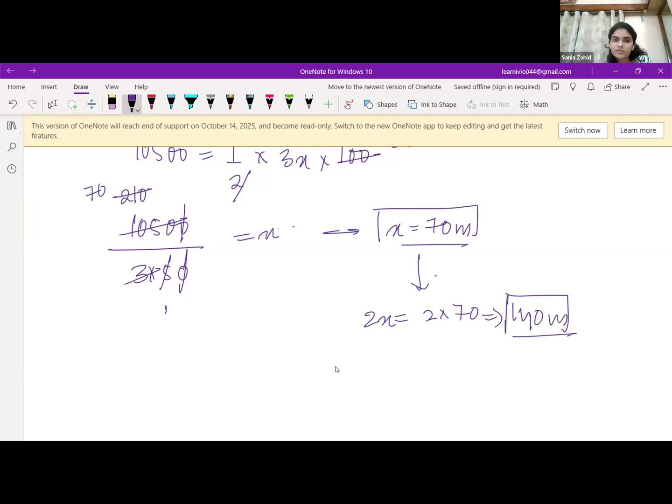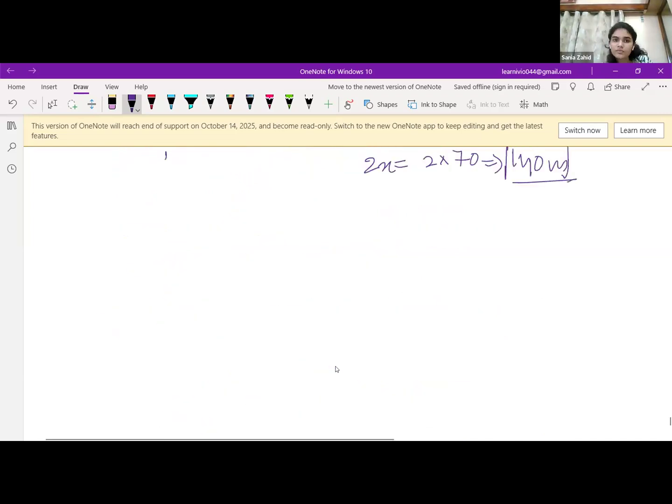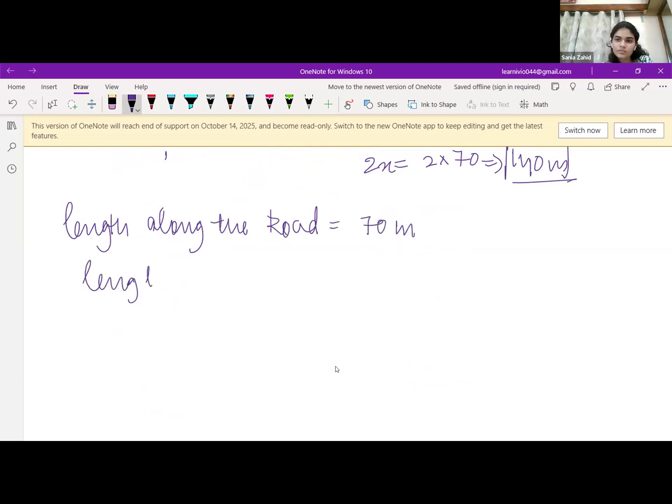So now what is the length along the road?